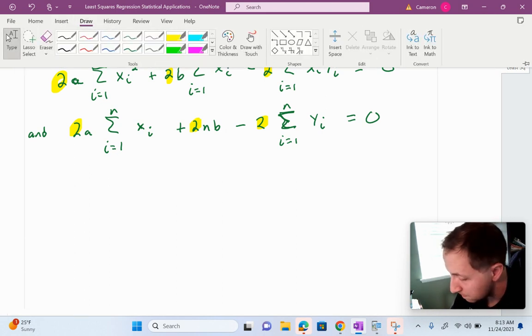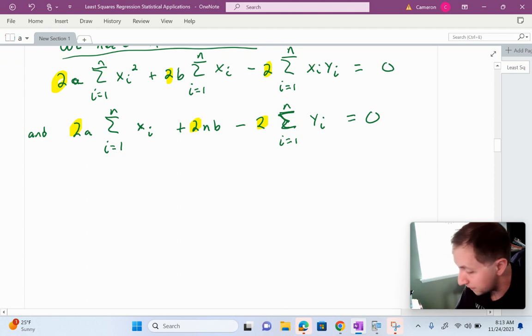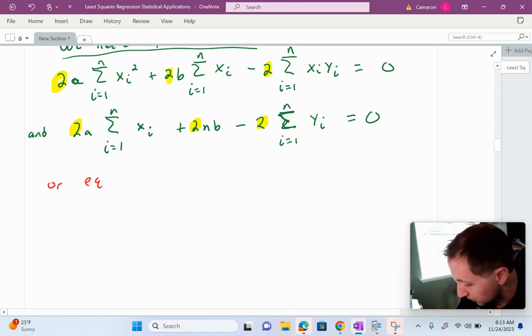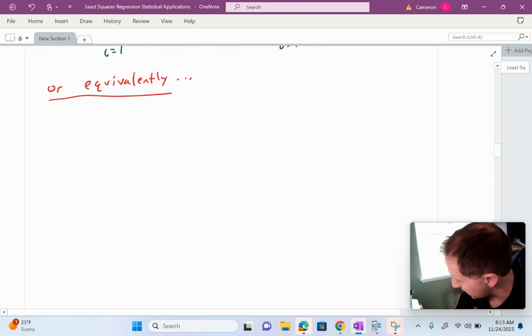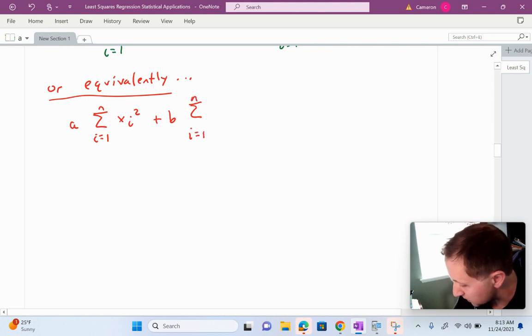So I'm just going to say, or equivalently, if we divide out 2 from everything, we end up getting a times the sum of i equals 1 to n x sub i squared plus b times the sum from i equals 1 to n of x sub i.